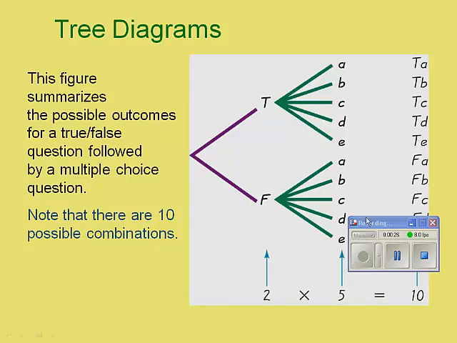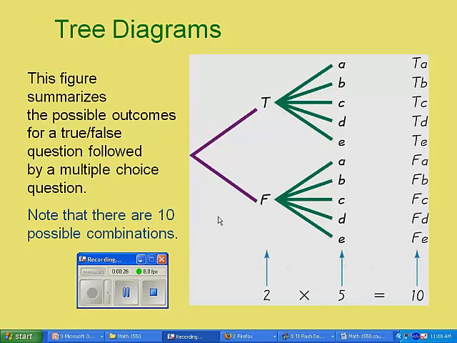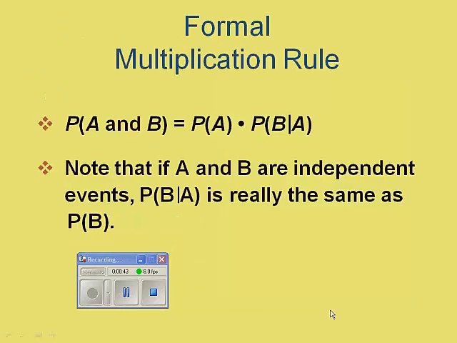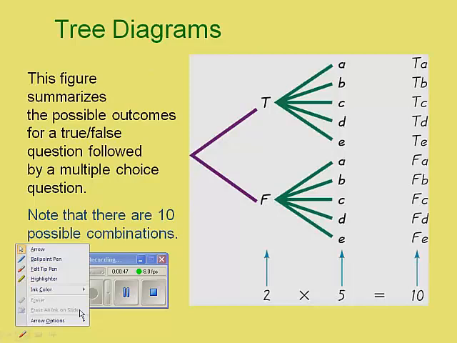Well, over here on the right, it says, note there are 10 possible combinations. True A, true B, true C, true D, true E, right? False A, false B, false C. So it's not always multiplying by 2, but it is multiplying by the number of possibilities, that 5. Does that make sense?